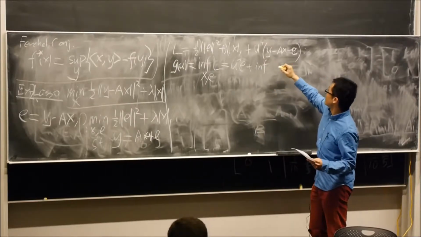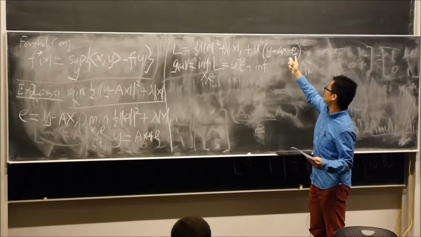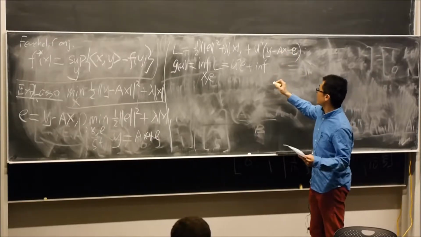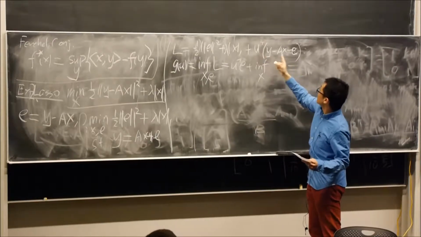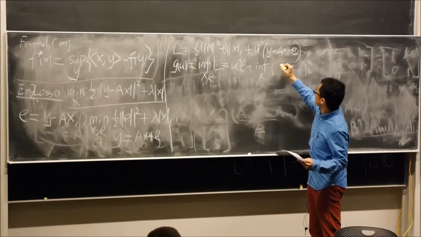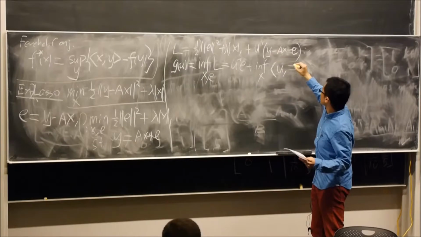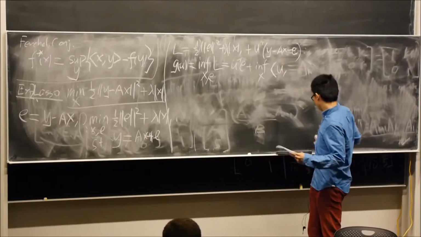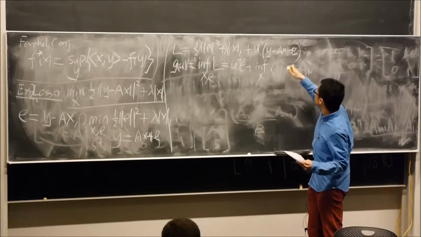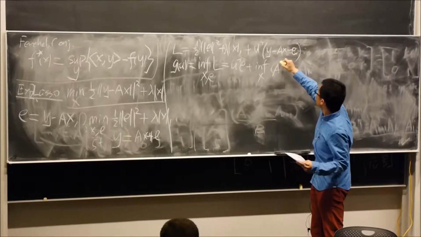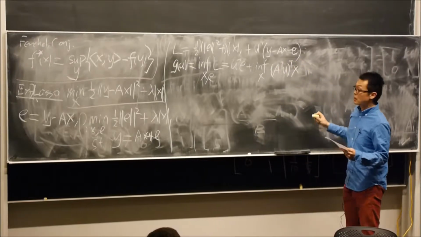But let us write it this way. Since this term involves only x and the other term involves only e, we can take the inf over x separately, and this term becomes u inner A transpose u transpose x.